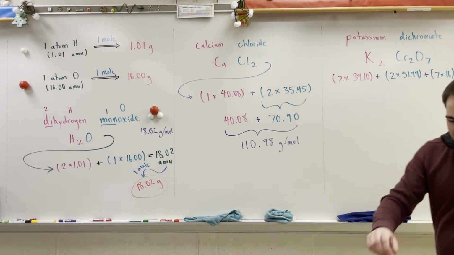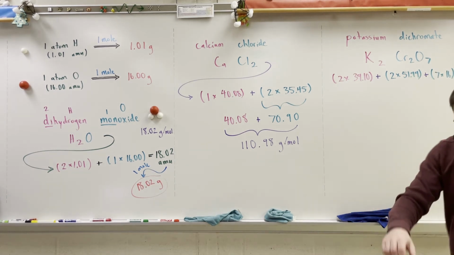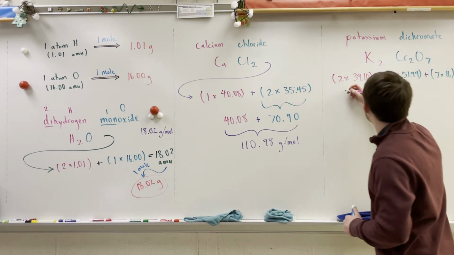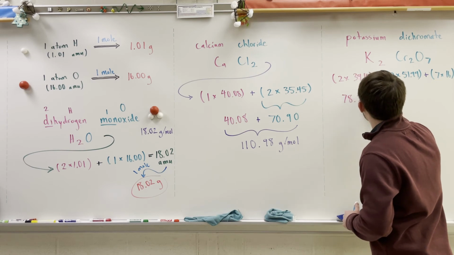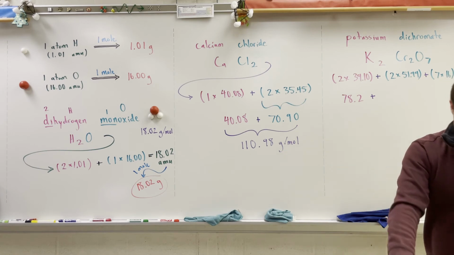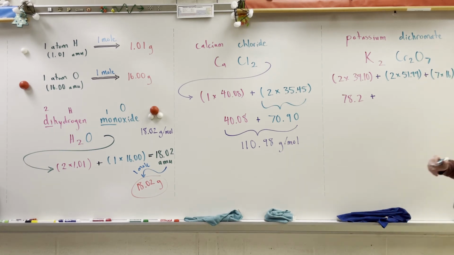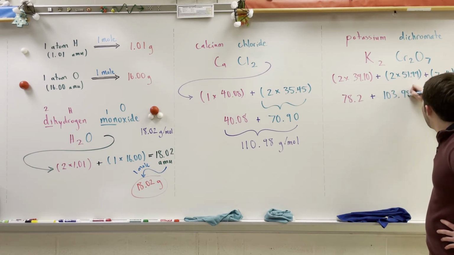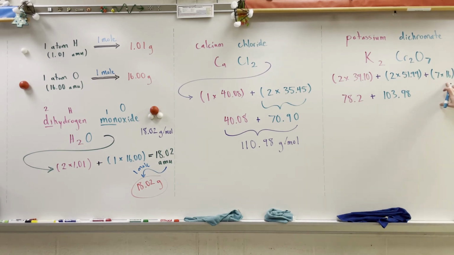So let's see how good my mental math is. So 39 times 2 should be 78.2. 78.2 plus 2 times 51.99 should be, let's see, 103.98. All right, and then 7 times 16, so 7 times 10 would be 70 plus another 42, so 112.